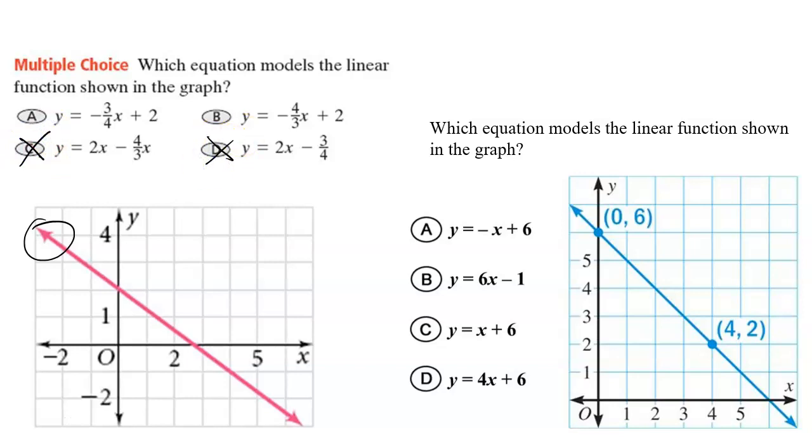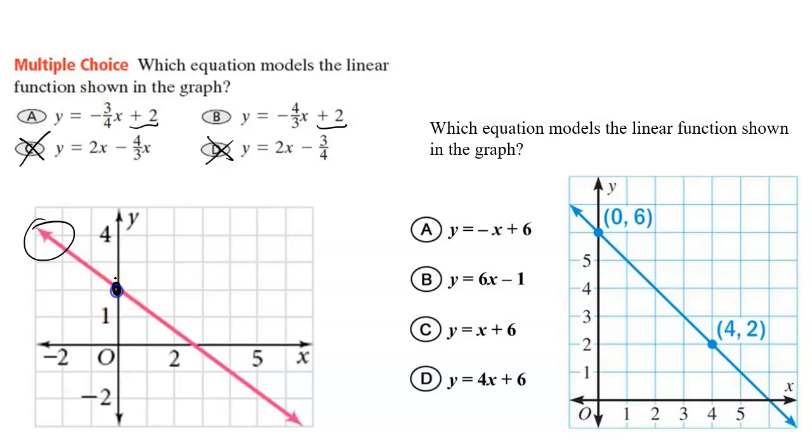All right, the next thing that I could look for would be my y-intercept, but we can see that both options have a y-intercept of 2, which is my y-intercept here, so that doesn't really help me too much. So the next thing I want to look at then is my actual slope. Am I rising 3 and running 4 like in A, or am I rising 4 and running 3 like in B? So let's find another good point.